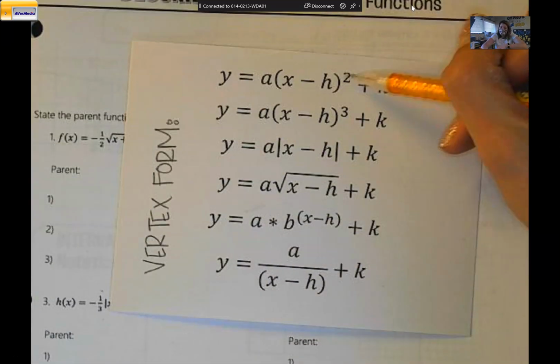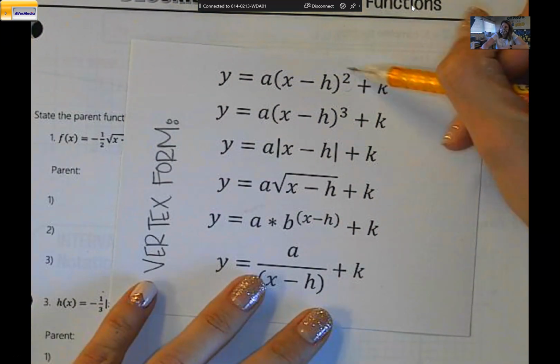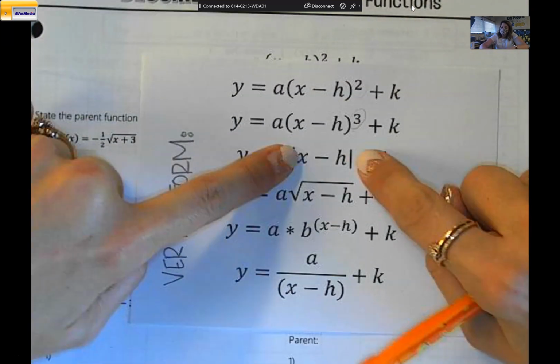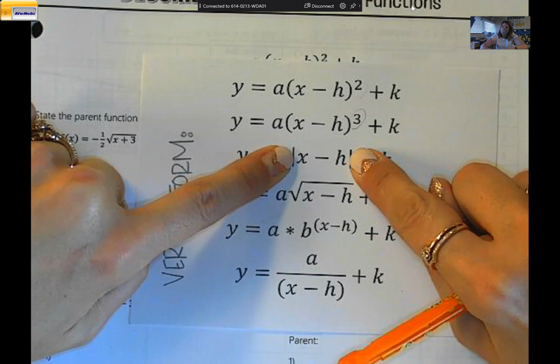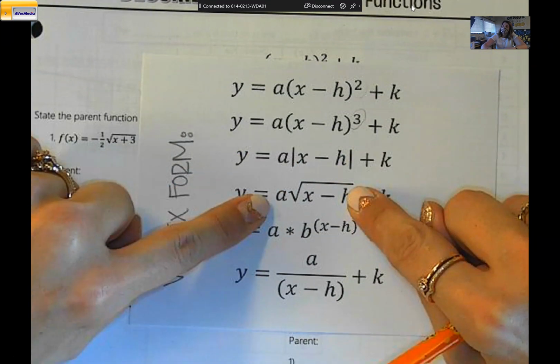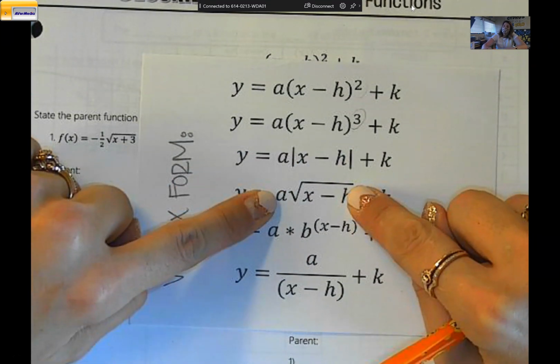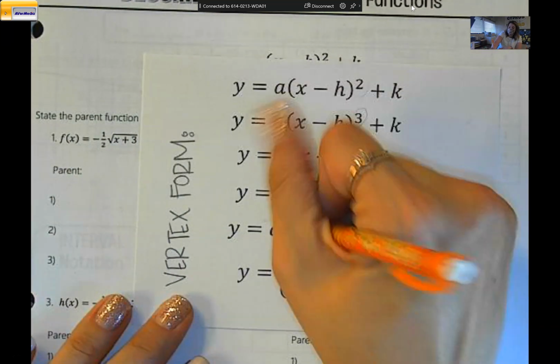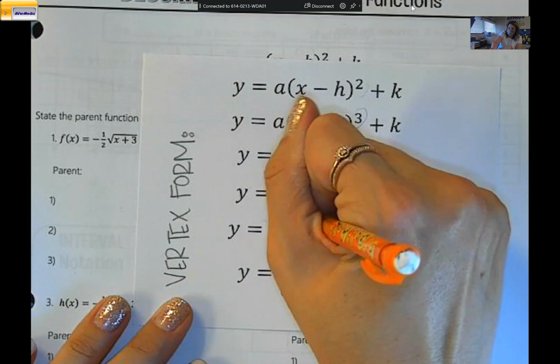And the only thing that is different is the symbols that tell you what family it belongs to. So this is telling me that it's a quadratic. This is telling me that it's a cubic. The absolute value bars are telling me it's absolute value. The root tells me it's the root. This is in the exponential position. You might want to change that B to a 2.